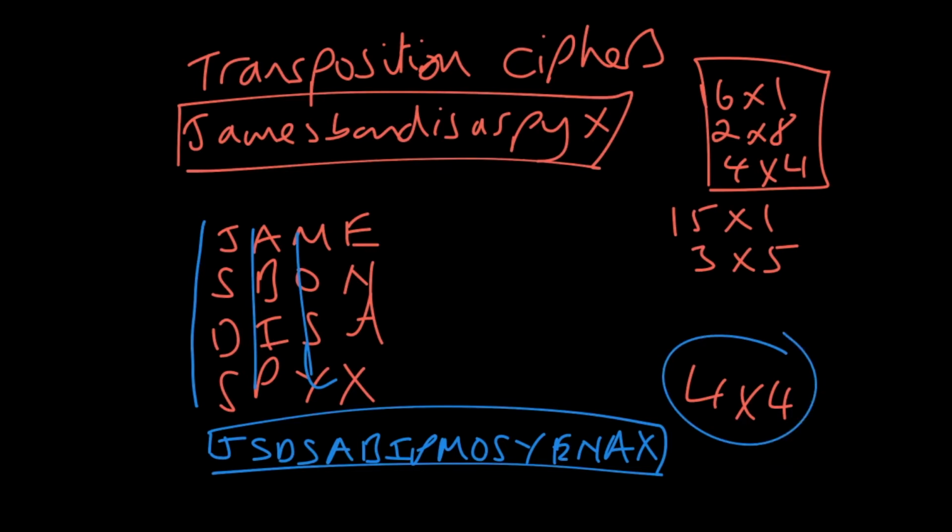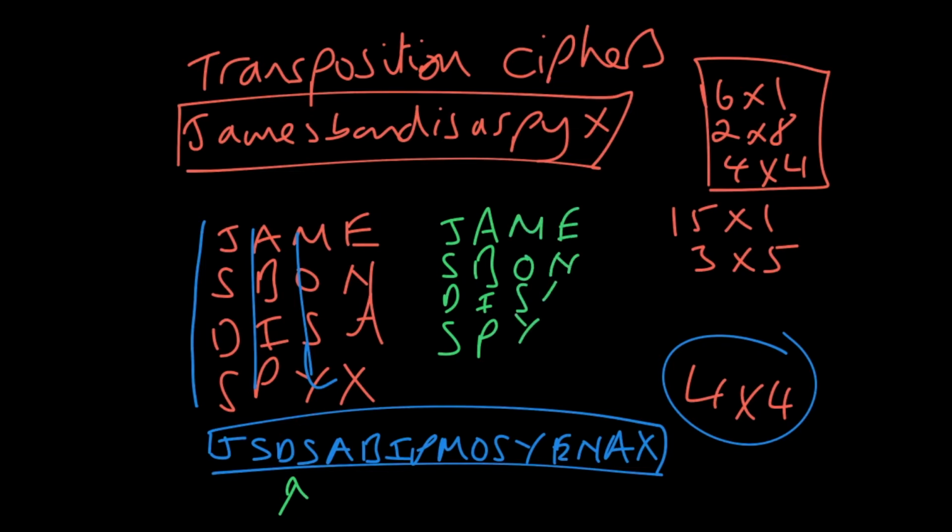If I knew the code was 4 by 4, when I got this information, I would just write it down like this: JSDS ABIP MOSYENAX, and then I know that I could read along. So I'd say James Bond is a spy.